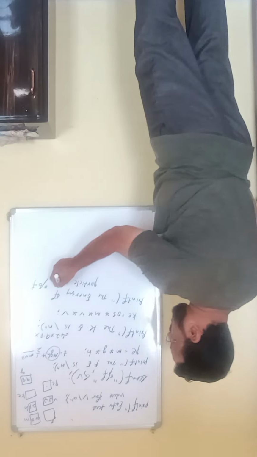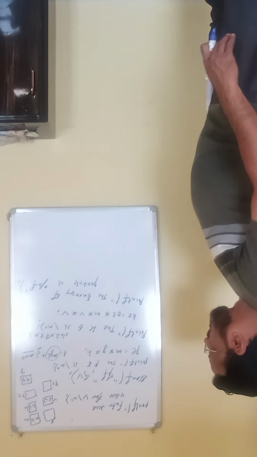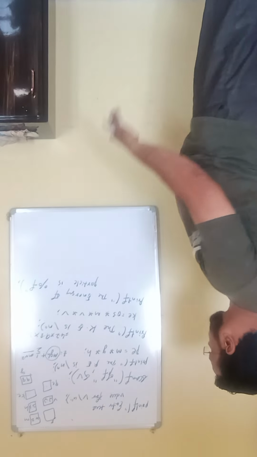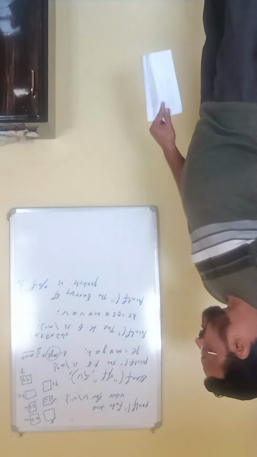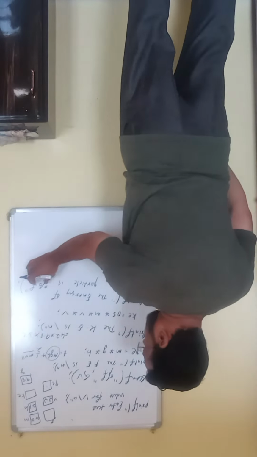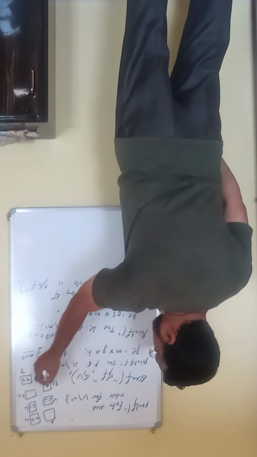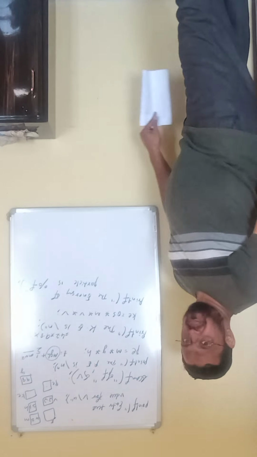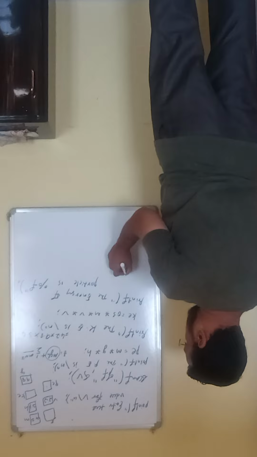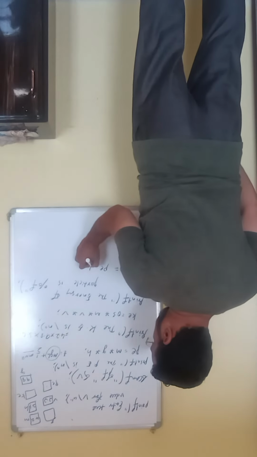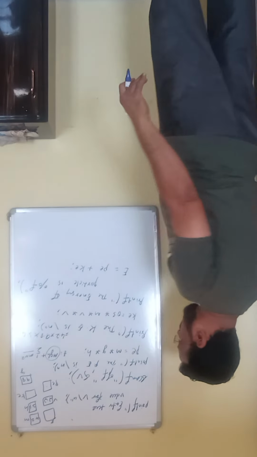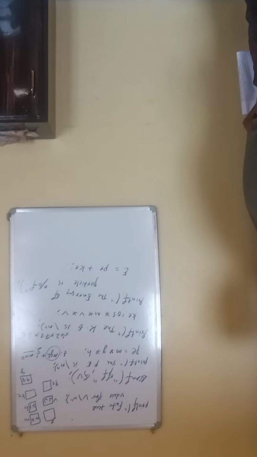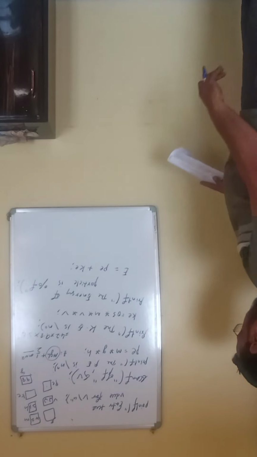If you want, you can put some \t there. Here, whatever is in this E, that value will be replaced. So finally, E is equal to PE plus KE.